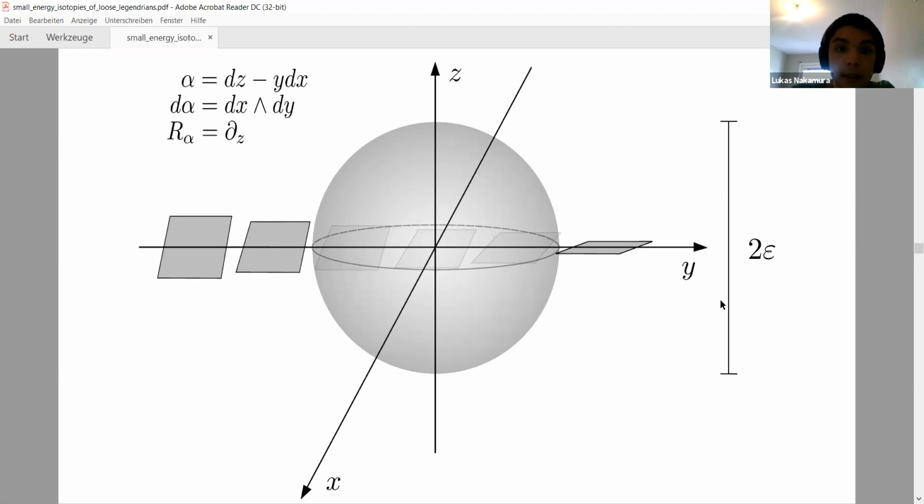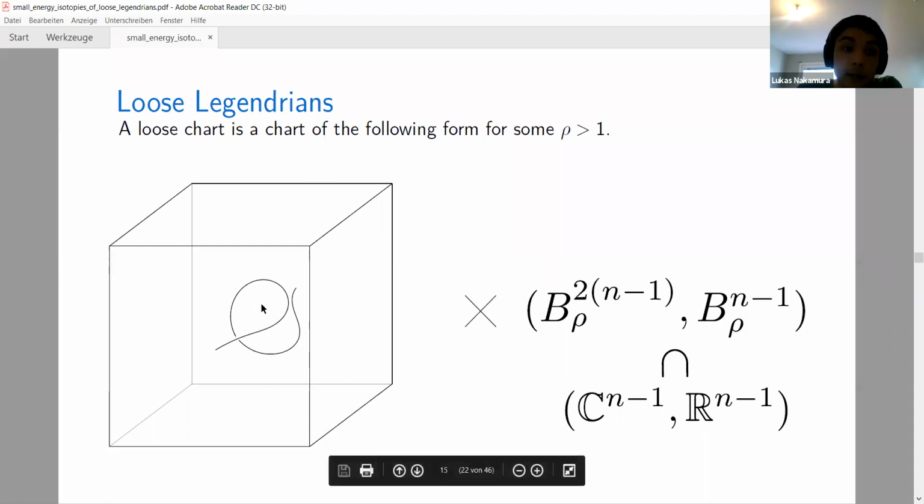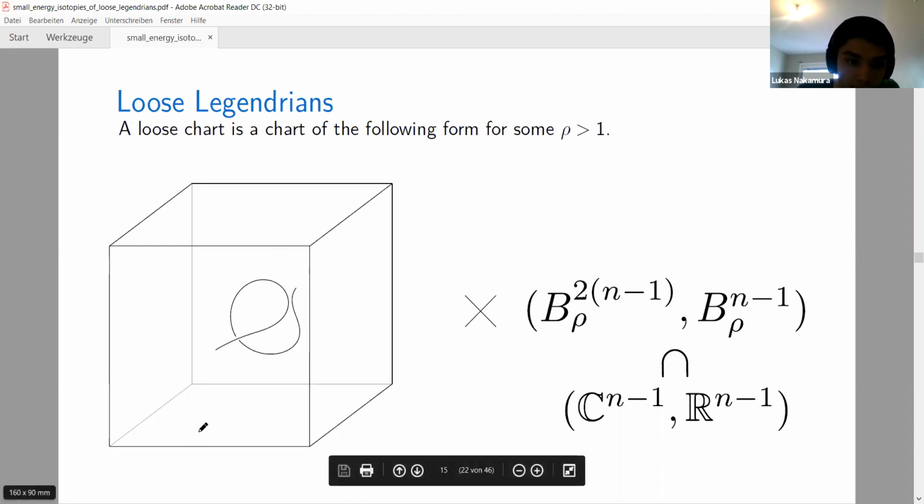The next thing that I need to explain is what is a loose chart. A loose chart was introduced by Murphy, and it looks like this picture. Inside a cube you have this knot, and it goes around like this. If you project it onto the XY plane, it looks like this.